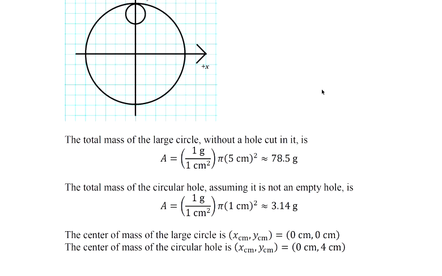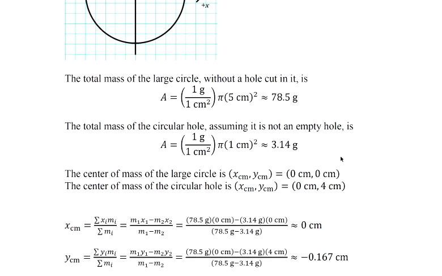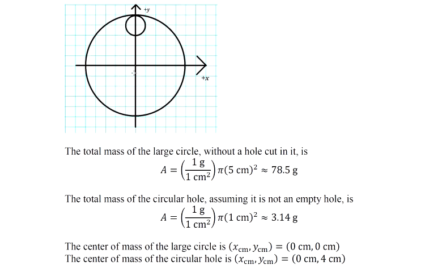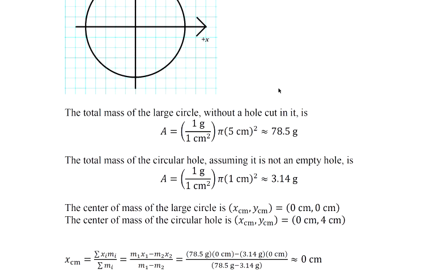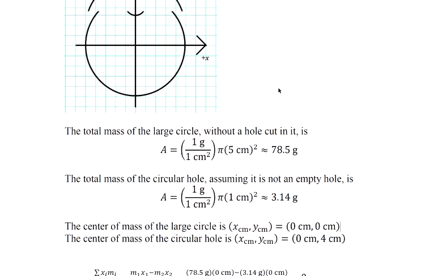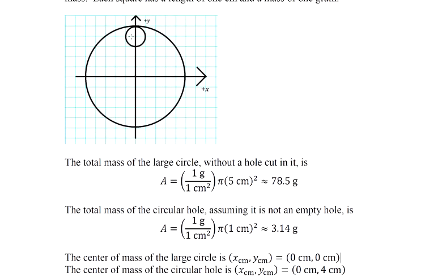The total mass of the circular hole, assuming it is not an empty hole, is 3.14 grams. So this small circle, if it does have a mass, it has a mass of 3.14 grams. So the center of mass of the large circle is 0, 0, just the middle. The center of mass of the hole is going to be 0, 4.